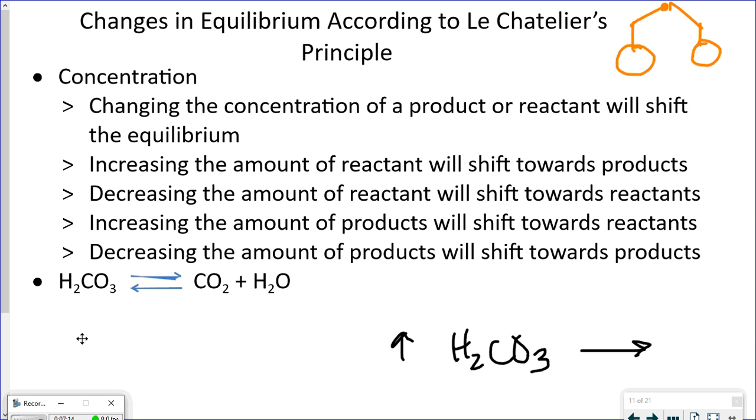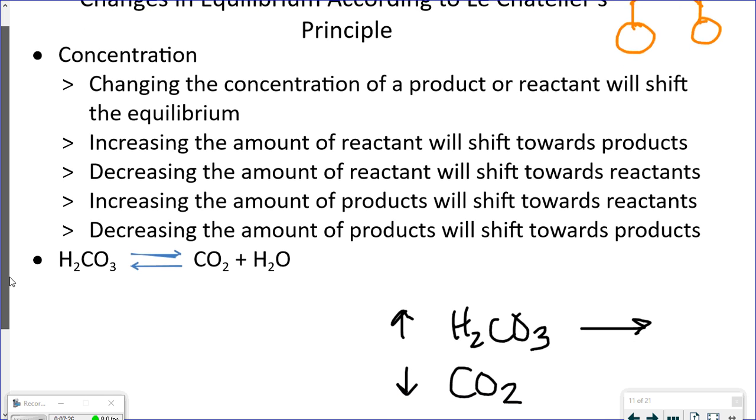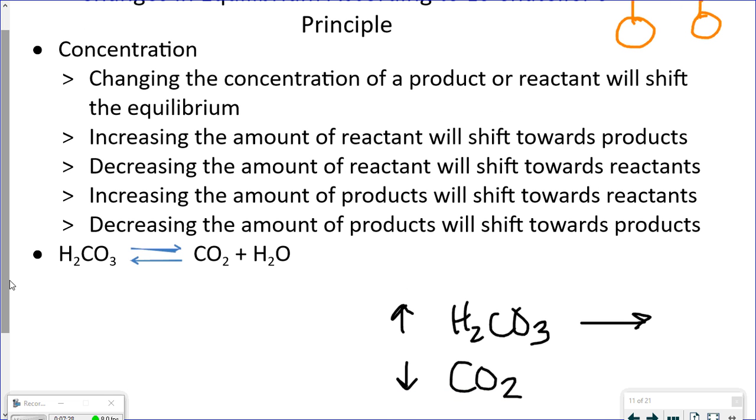Same thing's true if I decrease carbon dioxide. This was the other rule. Let me scroll down a little bit so you can see. Now, carbon dioxide's on the product side. If I take away carbon dioxide, in order to reestablish equilibrium, I need to produce more carbon dioxide.